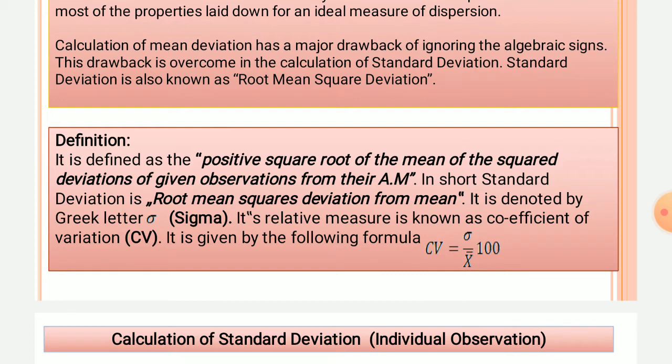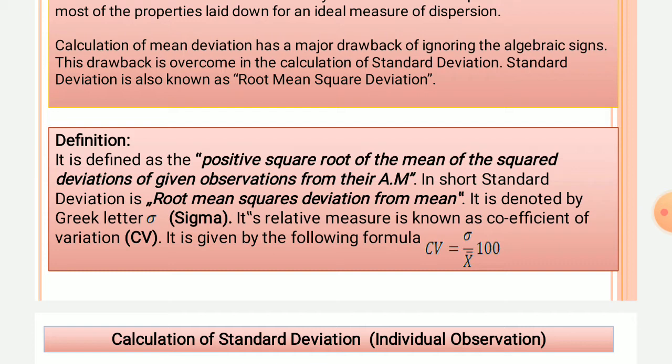In short, standard deviation is the root mean square deviation from the mean, and it is denoted by the Greek letter sigma.